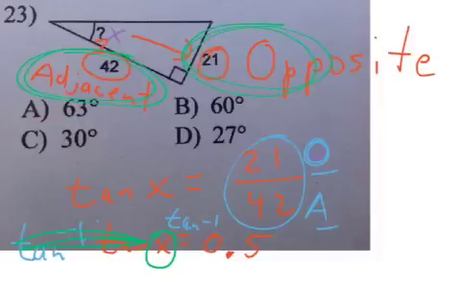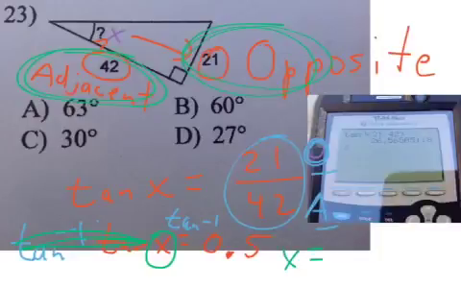Using the calculator now, I now know that x will equal the tangent inverse of 0.5, which equals 26.6 degrees. And we'll just round that off. Sorry, I was a little messy there as usual, unfortunately.